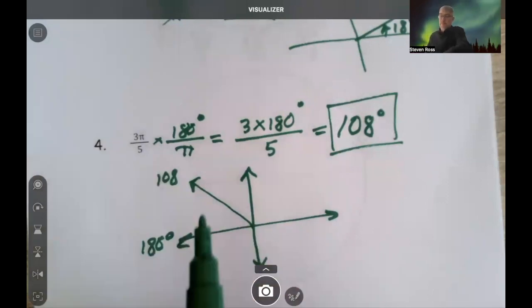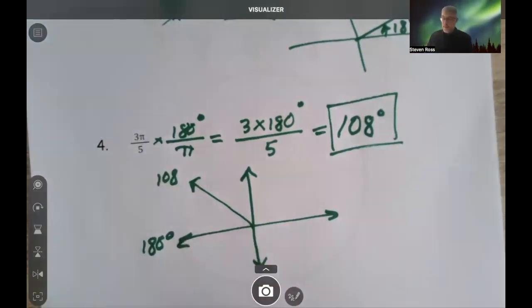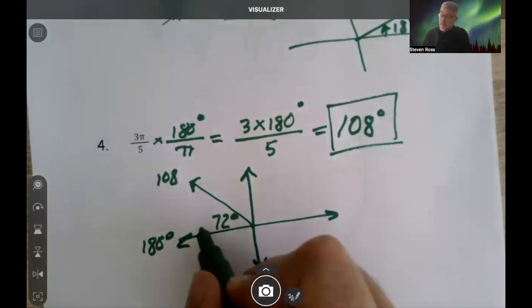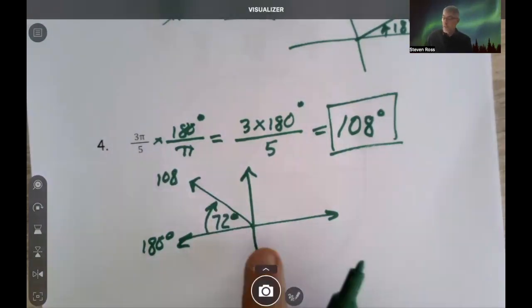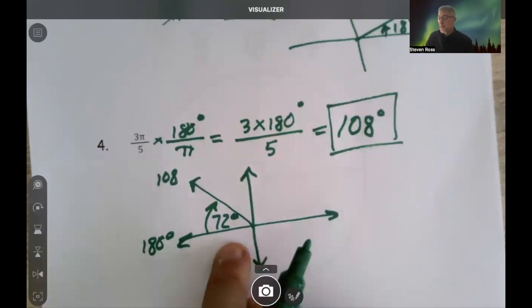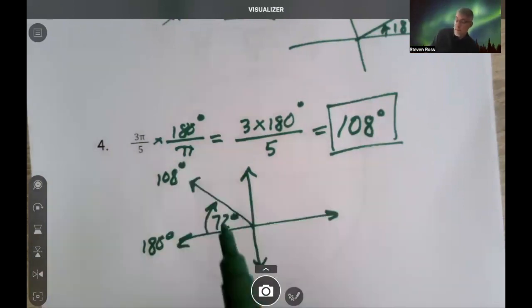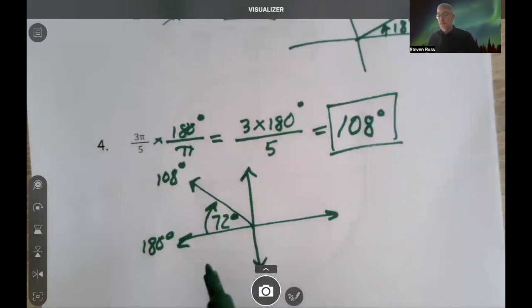And then 180 subtract 108 gives me a 72-degree angle right here. So my reference angle will be 72 degrees, because 108 degrees is exactly 72 degrees away from the x-axis. And that's it.